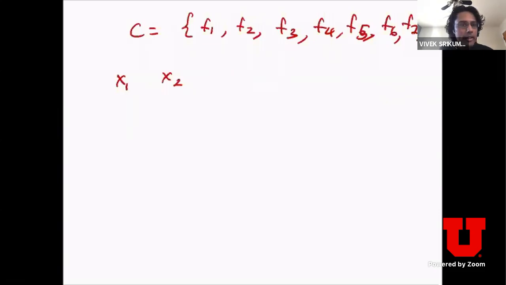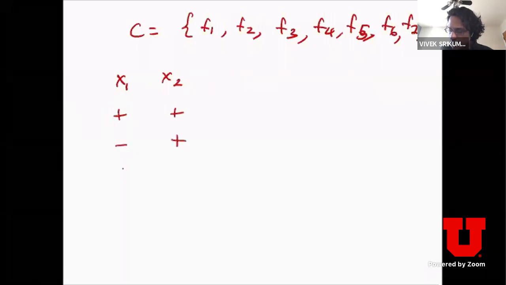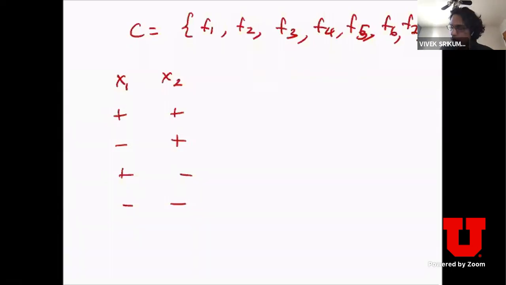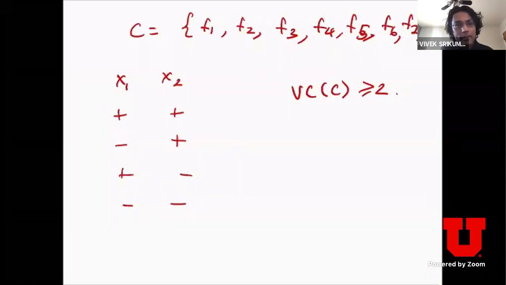I have to consider every possible labeling of these 2 examples. x1 could be labeled plus and x2 plus, minus plus, plus minus, and minus minus. These are the only 4 ways in which these 2 examples can be labeled. For the VC dimension of C to be at least 2, the question we can ask is, we don't know what these functions are, but is it possible that some assignment of these functions could satisfy this exact labeling?